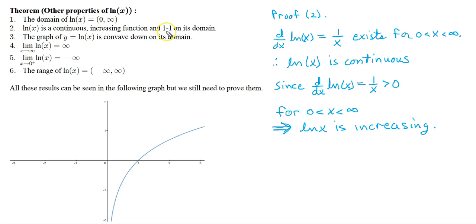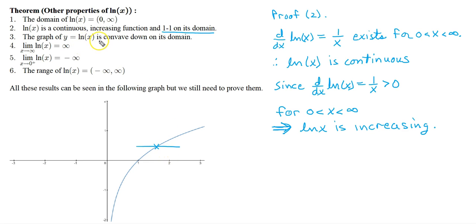Now to show that it's one-to-one on its domain, we're not going to go over that in detail right now. You can certainly see that easily from the graph of this function. Any horizontal line only crosses the graph at one location.